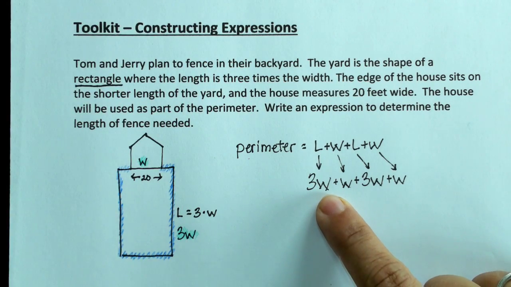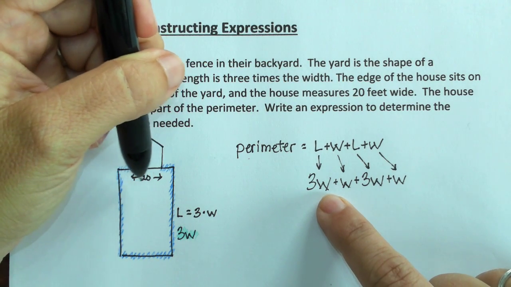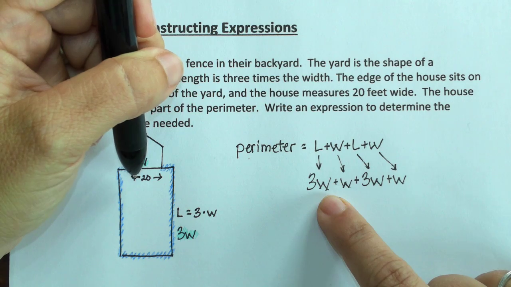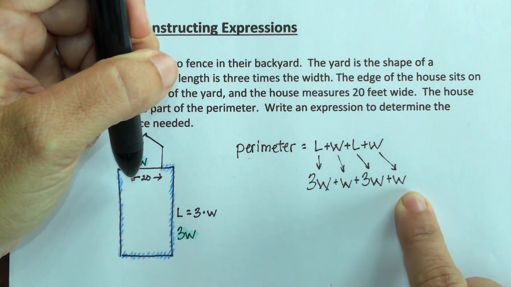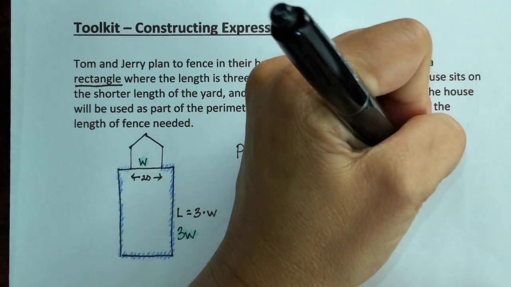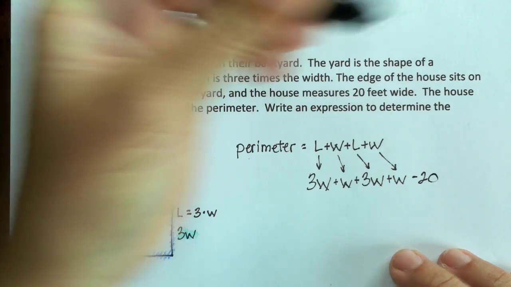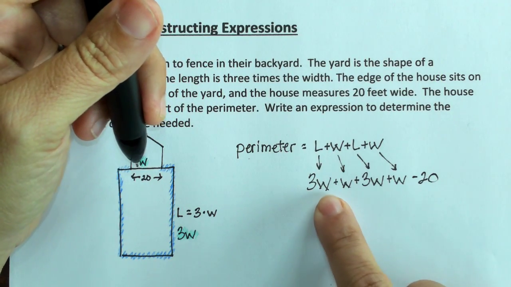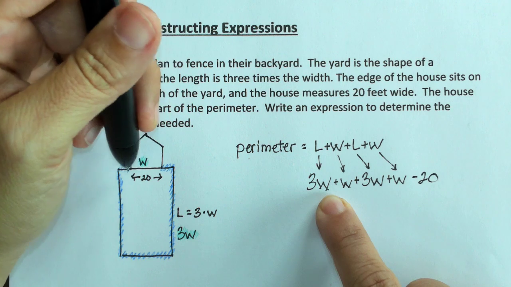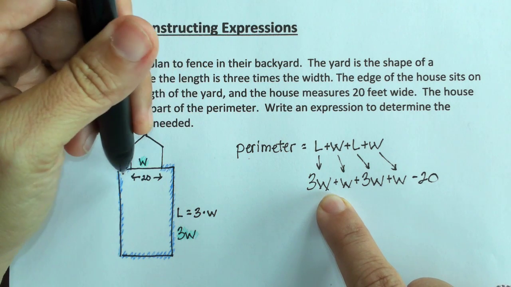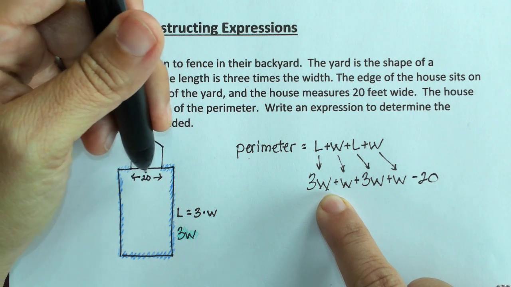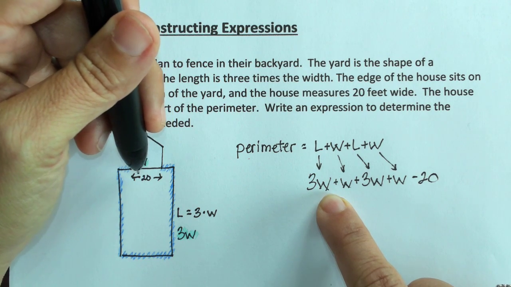But wait a minute, we have a 20-foot distance that we don't need for our fencing material. So we have to take that out of our total, right? So minus 20. Because when we go to purchase this, depending on what the width is, we're going to find out the entire perimeter. Then we're going to take out the 20 feet of the house area that we don't need fencing for.